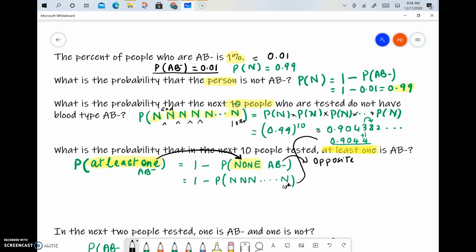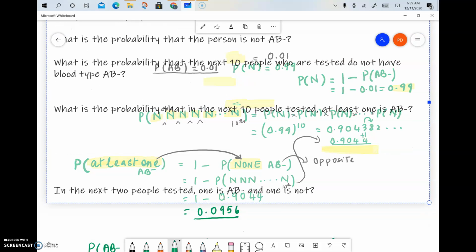We've already figured that out, and that's equal to 1 minus 0.9044, and that's equal to 0.0956. So that is the probability that at least one is AB negative out of the 10 people who are tested. Remember, there are multiple people here. That's when we use this rule.